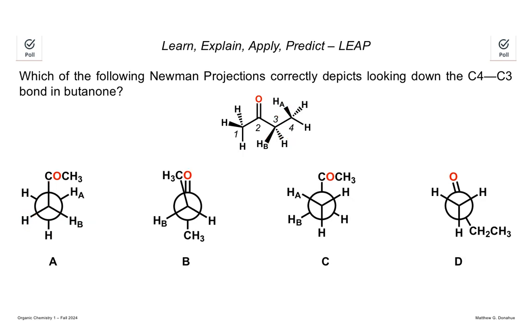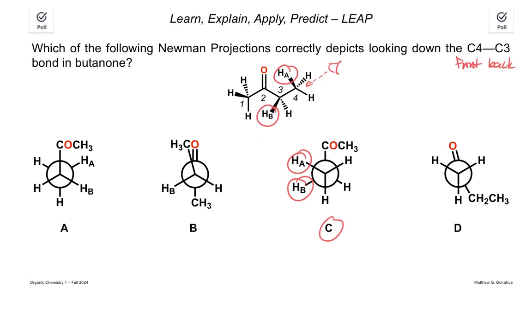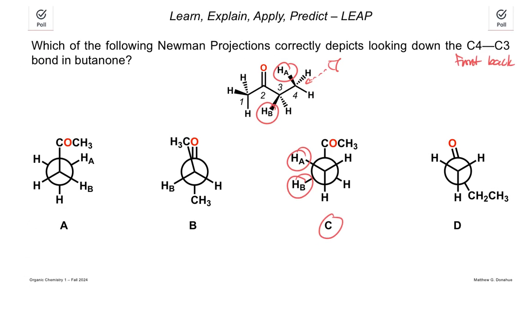And if we do the same exercise looking at C4 now, which is the front, C3 is the back, we see that HA must be to the top, to the left, and C is the only one with that. We said HB needs to be on the same side. And then the remaining substituents on 4 are the two hydrogens, which we see here and here.